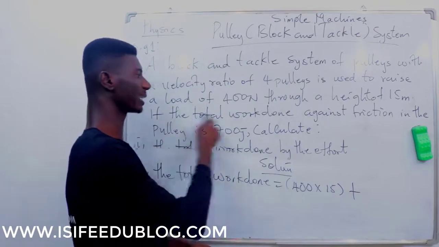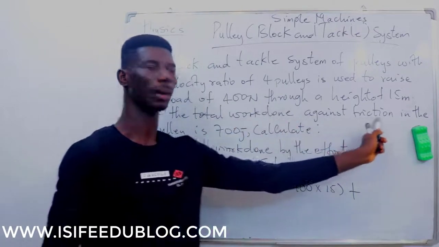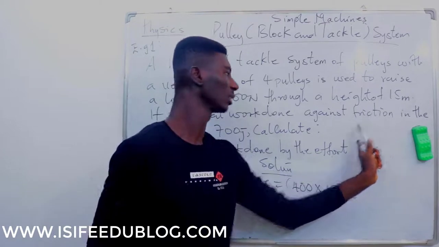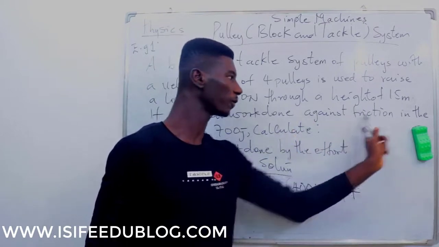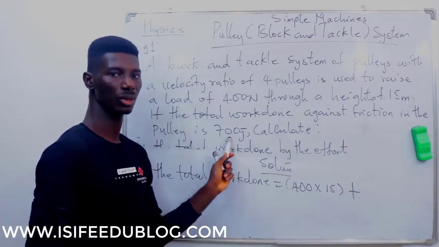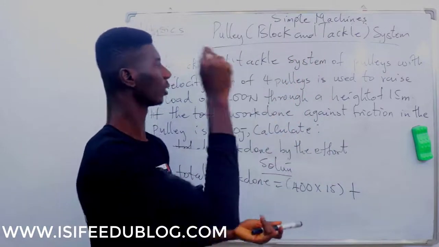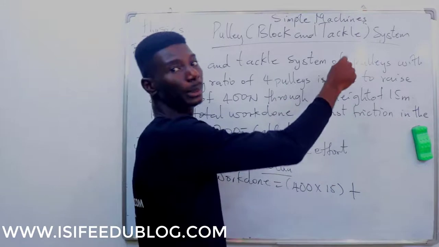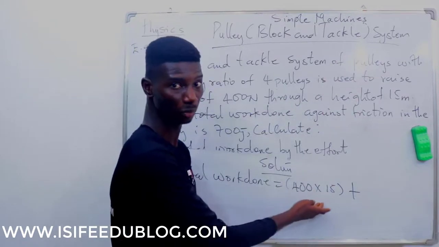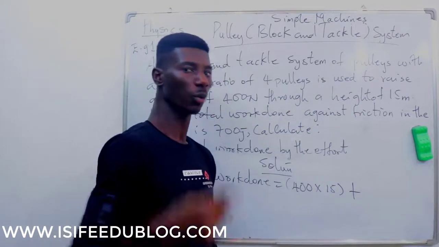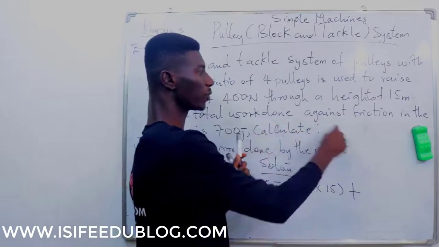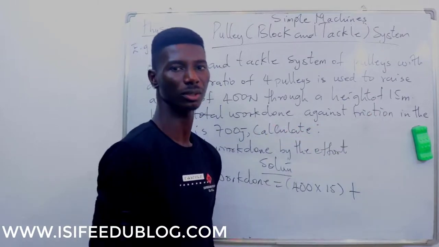We are told that there is another effort that is being applied to overcome friction. The work done to overcome friction is 700 joules. So the total work done in this pulley is the work done by effort on the load, which is this, plus the work done by effort to overcome this particular friction.